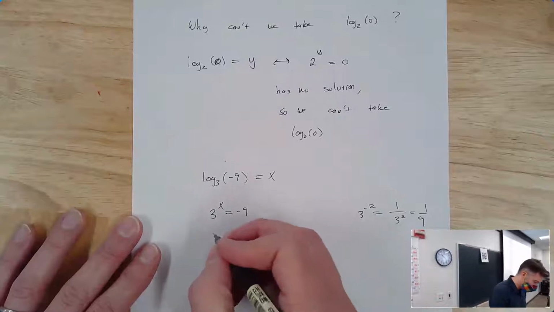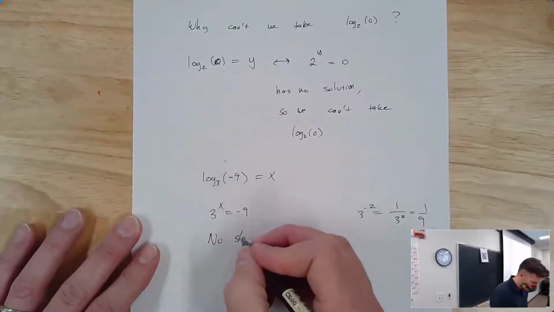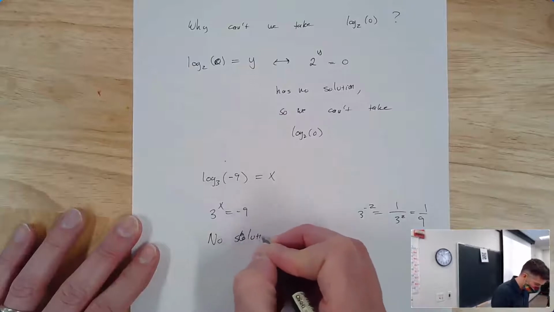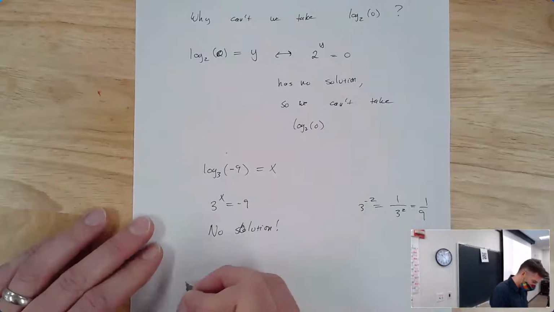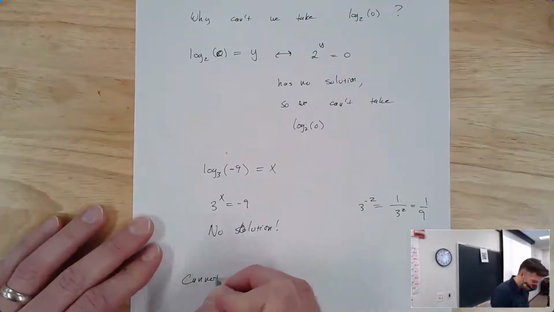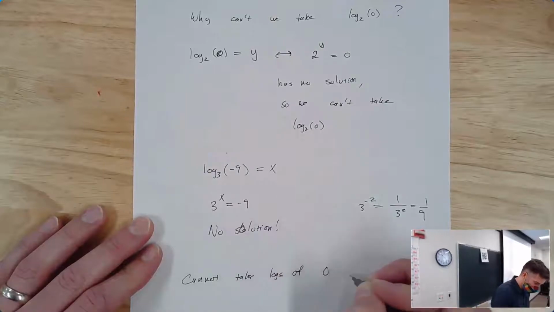So this also has no solution. So we can't take logs of 0 or negatives.